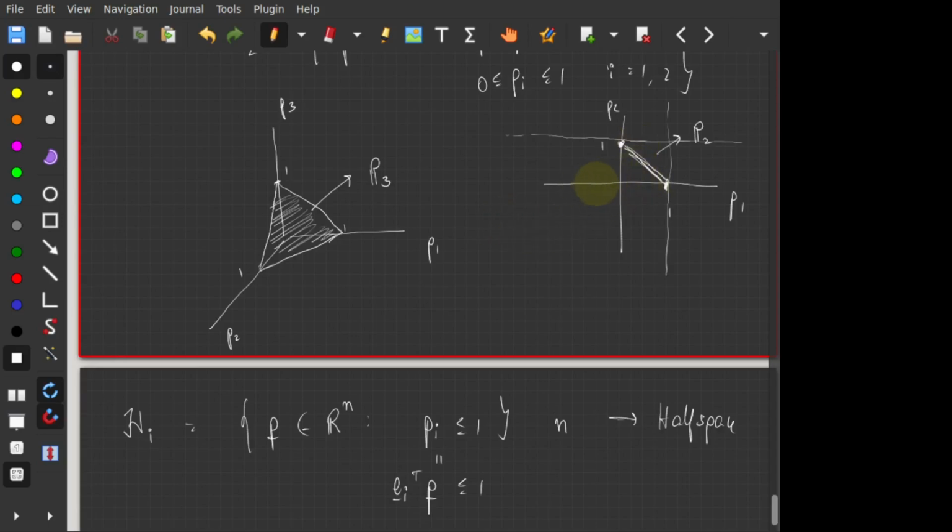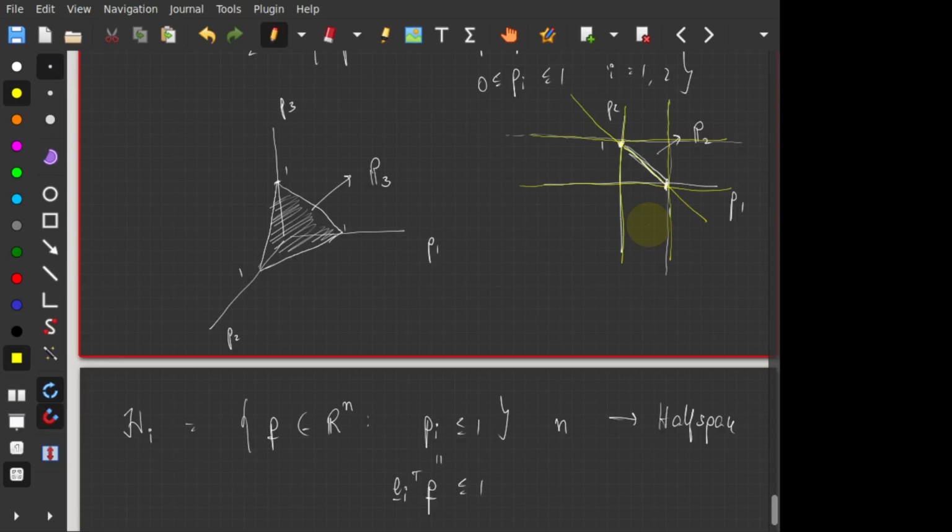The fourth constraint says the set of all vectors above the p1 axis. So the corresponding hyperplanes are: this is one hyperplane, this is another hyperplane, and so on. Okay, so this defines the probability simplex.